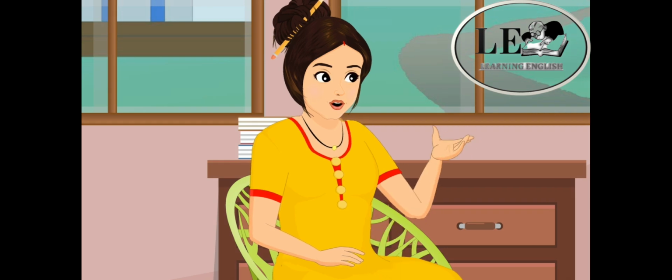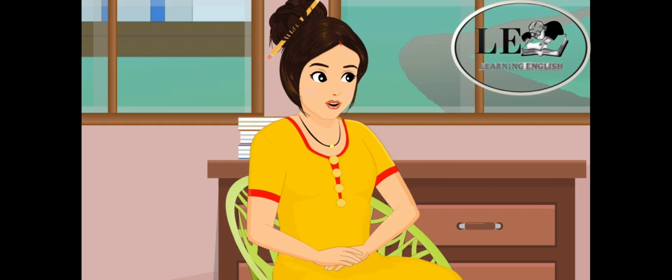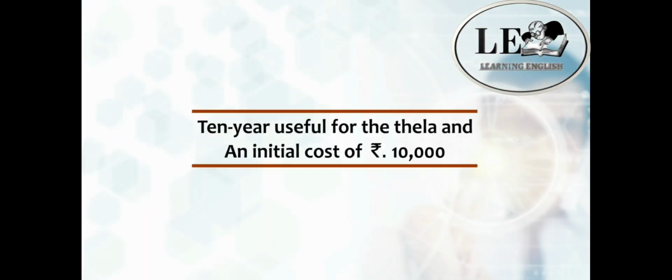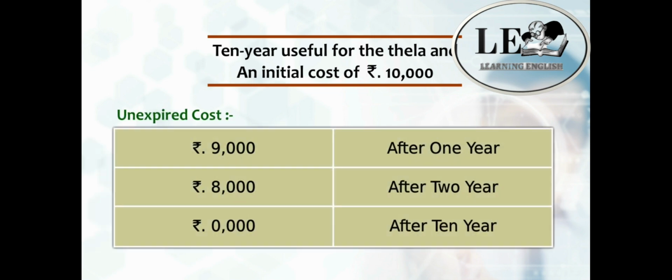This unexpired cost of the thela will reduce by the annual depreciation cost every year on the balance sheet. If we assume a 10-year useful life for the thela and an initial cost of rupees 10,000, its unexpired cost will be rupees 9,000 after 1 year, rupees 8,000 after 2 years, and its unexpired cost will be 0 after 10 years.